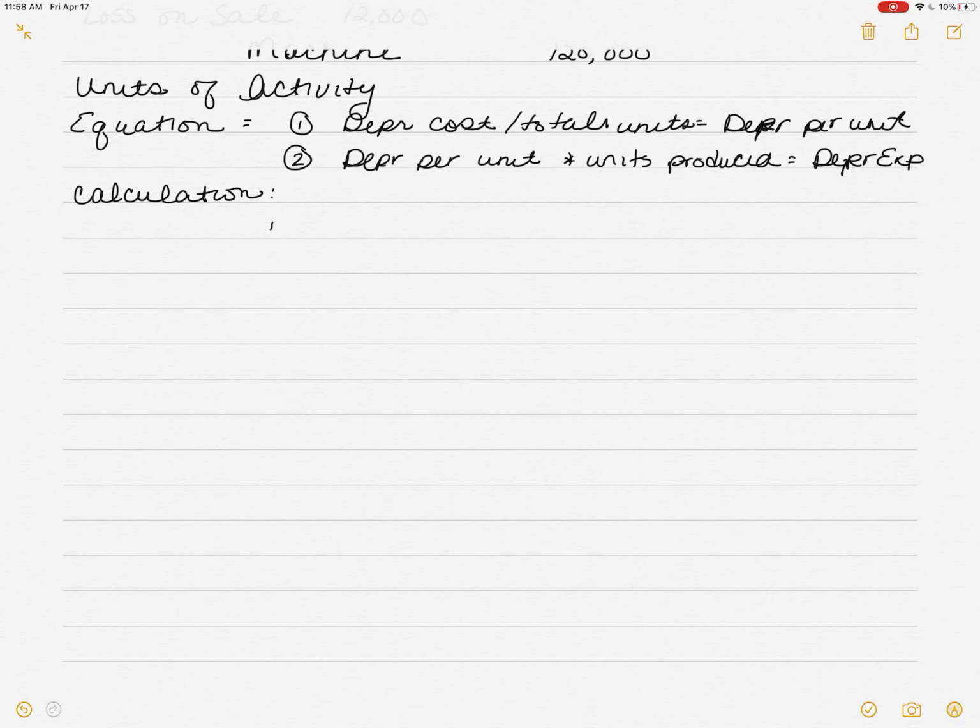First, I'm going to take my depreciable cost, which we already figured to be $105,000. This problem tells me I'm going to produce in total 210,000 widgets, which will give me a depreciation per unit of 50 cents.